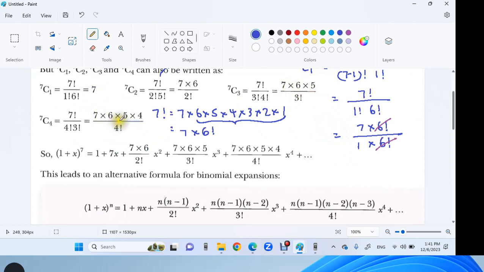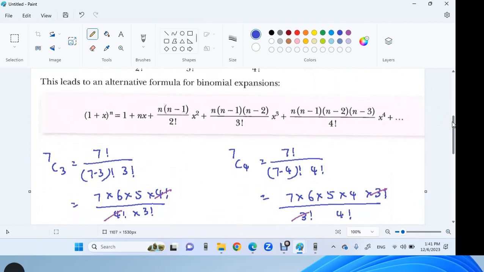Okay, so you can see 7 times 6, 7 times 6 times 5, 7 times 6 times 5 times 4, and then they are divided by 1 factorial, 2 factorial, 3 factorial, 4 factorial, something like this. And then x power 1, x power 2, x power 3, x power 4.